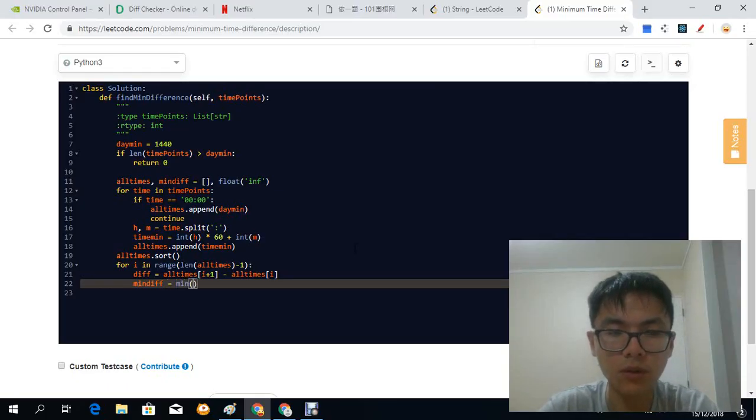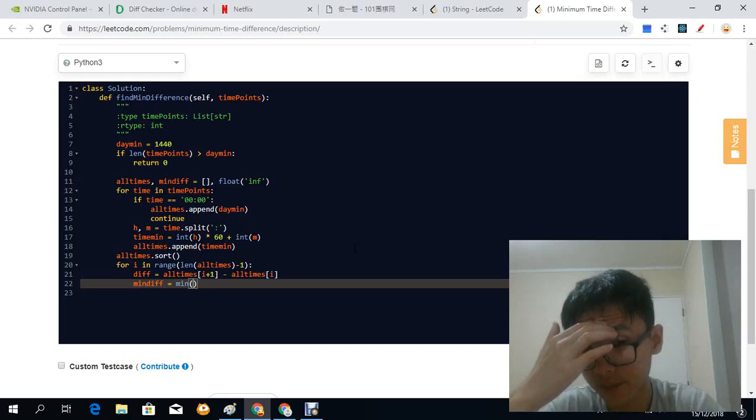If it's smaller than the minimum difference, the minimum difference will be replaced by this difference. In that case, the minimum difference will get smaller and smaller, and eventually we'll get the smallest difference.